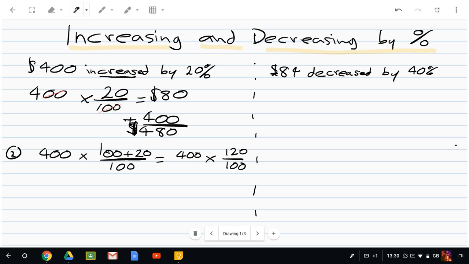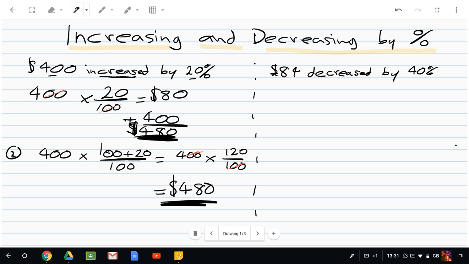And then to solve that, I simplify by dividing both top and bottom by 100. 4 times 120 is 480. So if I increase $400 by 20%, I get $480, which is the same either way, whichever method suits you best.